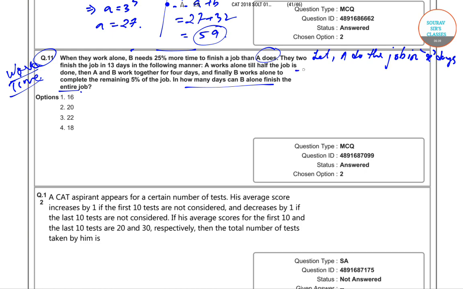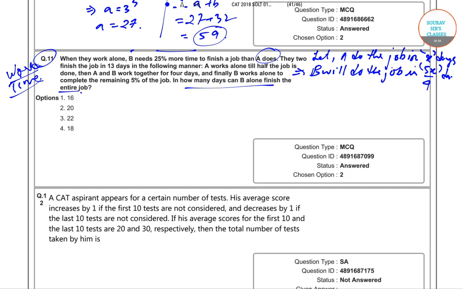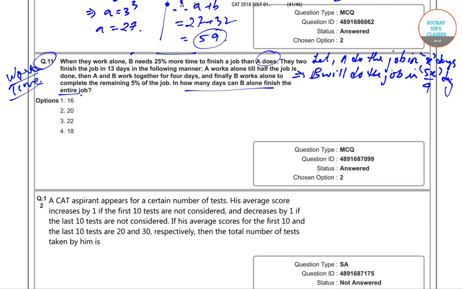So that implies that B takes 25% more time, so B will do the job in 5x by 4 days. Okay, so this is the thing. Now A works till half of the job is done.